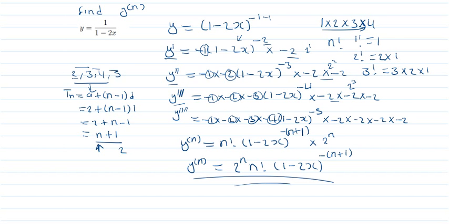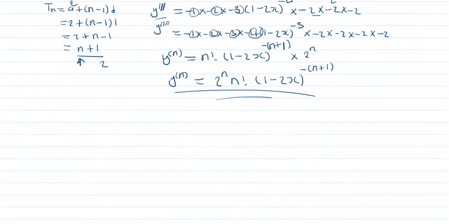plug in the values. For example, the question was asking us to find the ninth derivative. This ninth derivative will be equal to, we just put 9 where there is n. Okay, so the first part will be 2 power 9, then multiplied by 9 factorial, then 1 minus 2x, open, then 9.